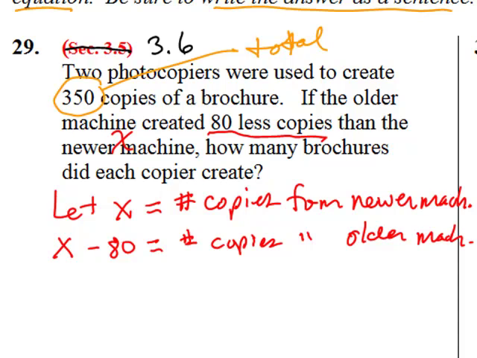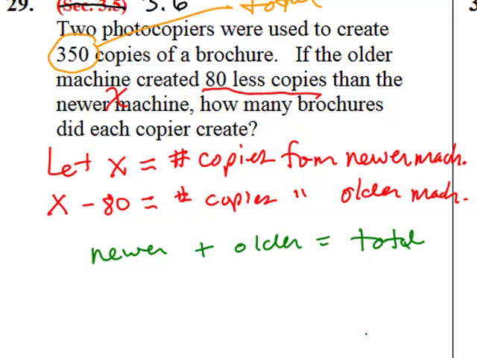And it makes sense that the older one would be slower and create fewer copies. Now from this, our formula is actually the generic formula, which says that we must consider the sum of the parts, which in this case is the newer machine's copies plus the older machine's copies, equals the total. The sum of the parts equals the whole.